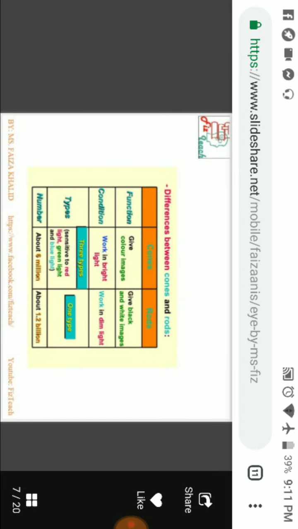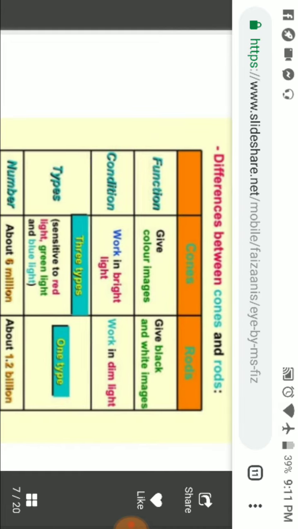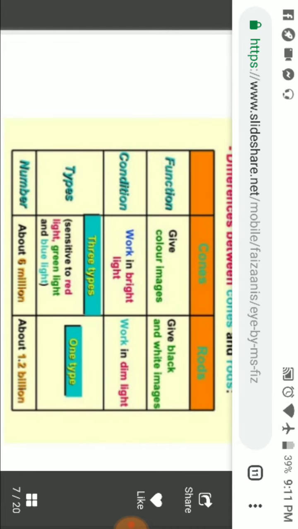Now coming to the rod and cone cells. Rod and cone cells give color. To remember it: C for color, C for cones. The rod cells give you the shades of the particular color.